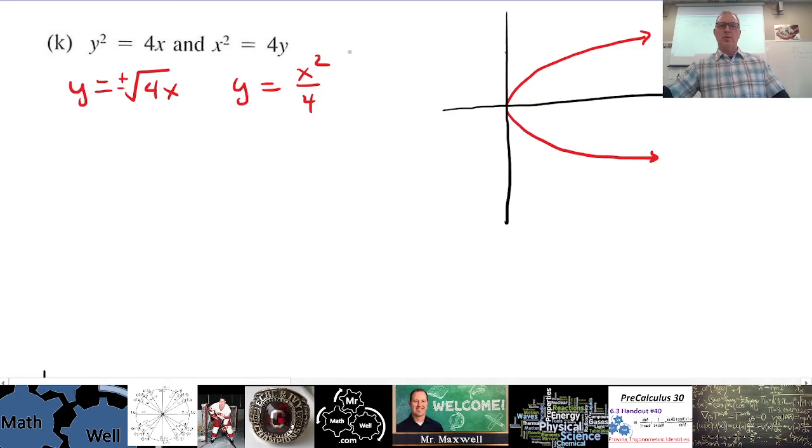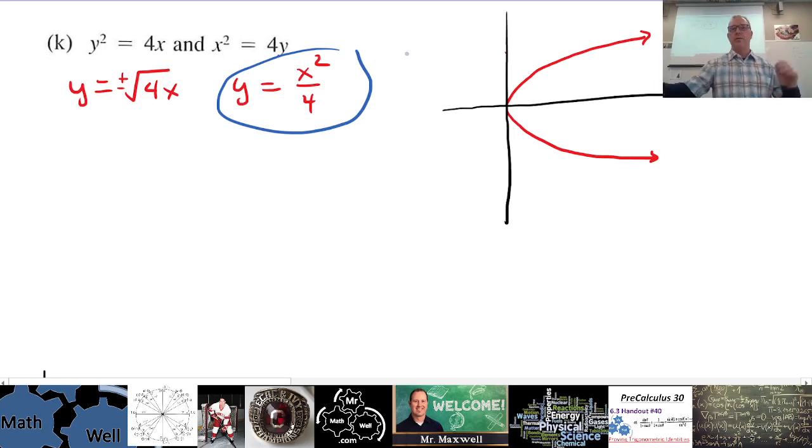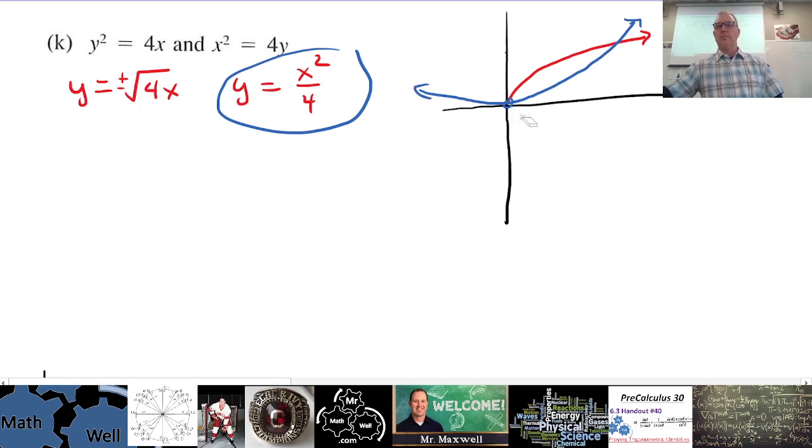And then the blue one here is going to be a parabola that has an a value of 1/4, so it's really flattened out. So that's going to be pretty flat, but it's also going to have a vertex at 0, 0. So we don't need this negative half. We're just going to deal with the positive version. Any questions about that so far?